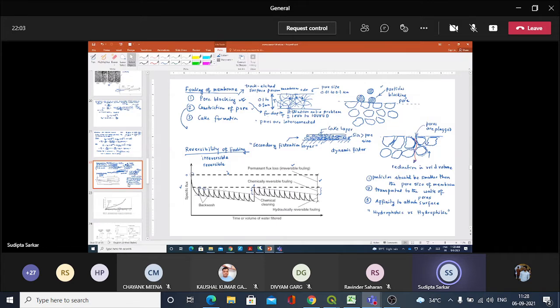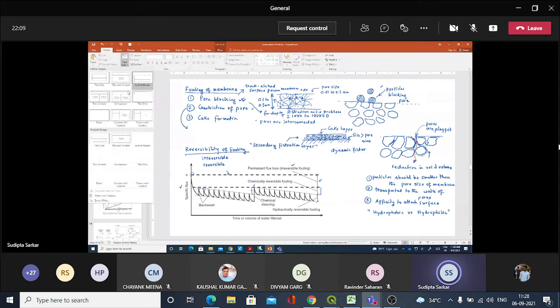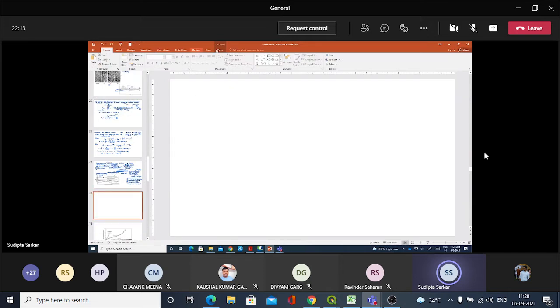There are a lot of ways that we can model the fouling, but one particular thing that we practice in the industry is called the membrane fouling index.